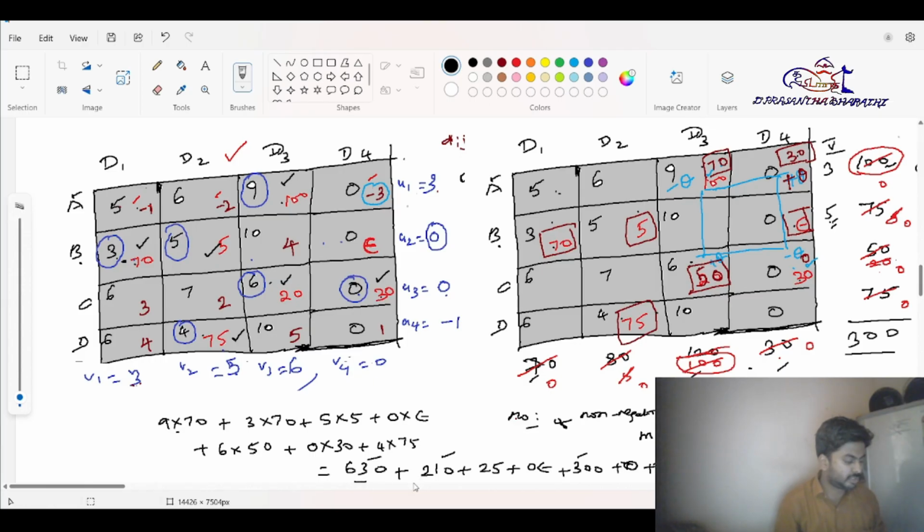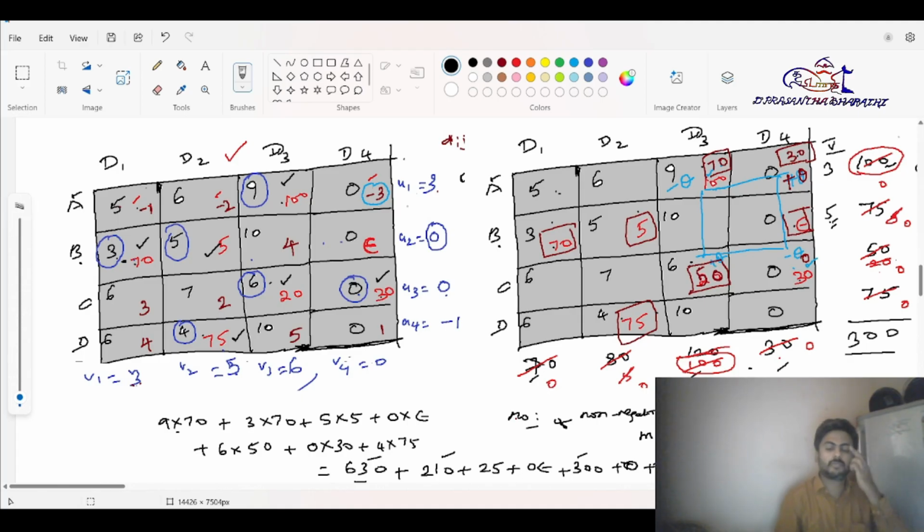Then 600 plus 200, 800. 800 plus 600, 1400, 1430, 1440, 1465 rupees. 1465 plus 0 epsilon. Here epsilon tends to 0, which means you will get only 1465.